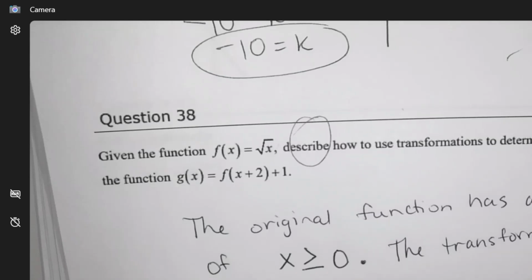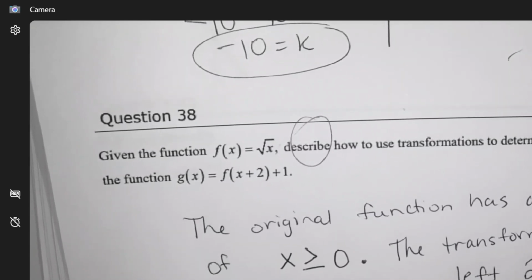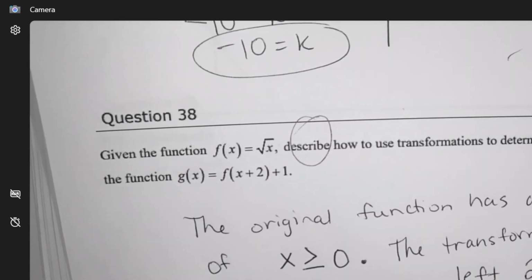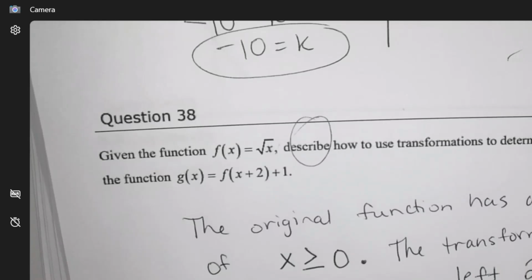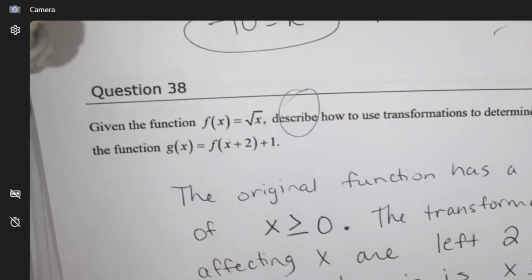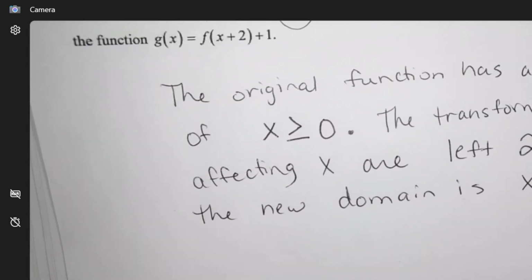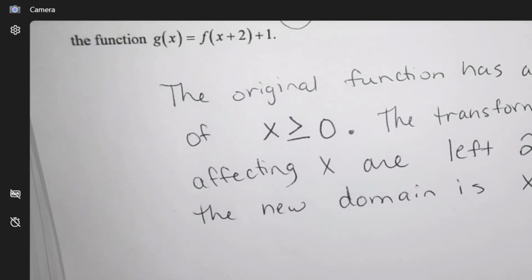We're moving left 2. So we have to move our original domain left 2. Okay? B, if a B is negative, that also really changes our domain.